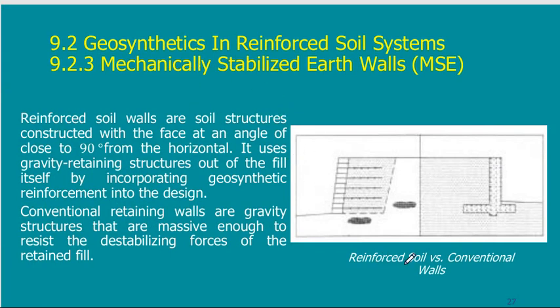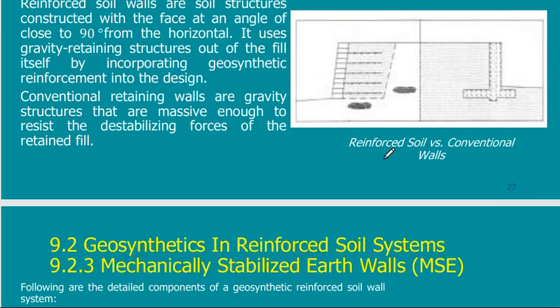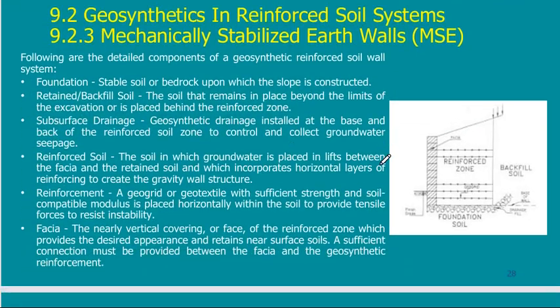This is also a comparison between a wall and another wall, but it is a mechanically stabilized earth wall. As I said, the facing of the wall may be just vertical, inclined a little bit, or inclined a lot to be just a slope if I need to have it like this.